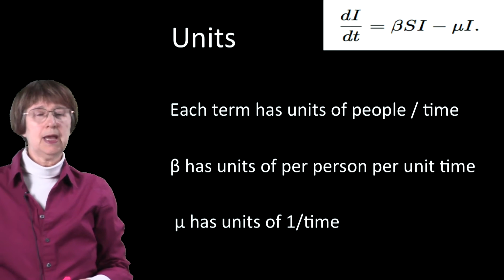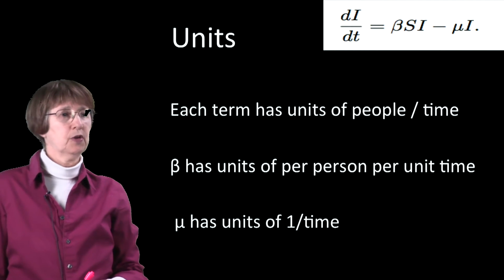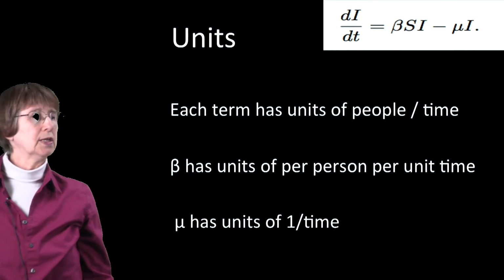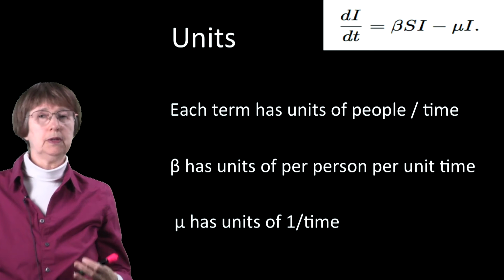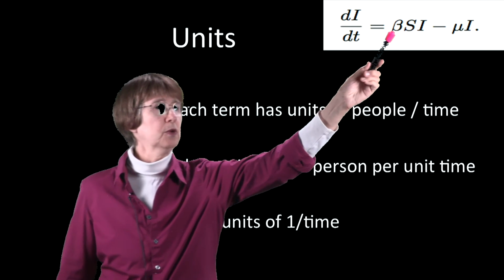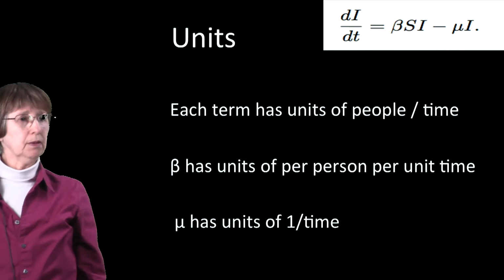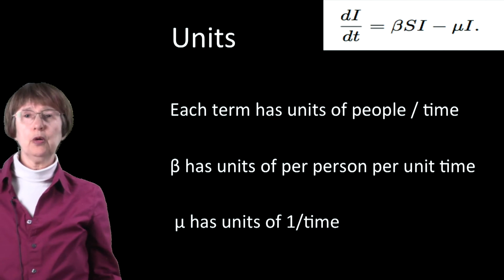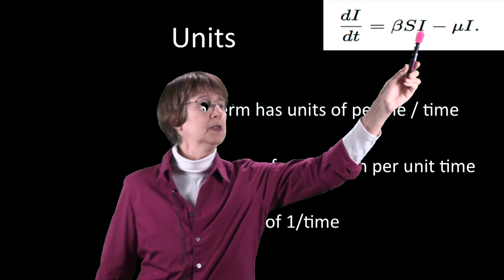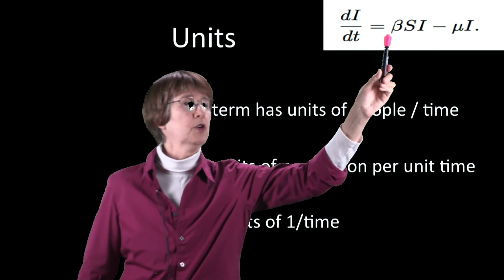First of all, let's analyze the units in this differential equation. Every single one of the terms has to have units of number of people divided by time. So that means that beta, in particular, the constant sitting here, must have units of per person per unit time in order to make this whole expression have the correct units.